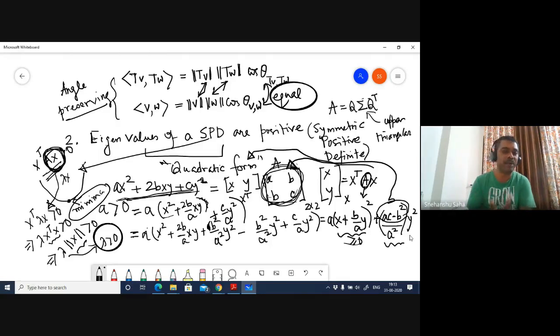This is really important for us because the singular values are nothing but the square root of the eigenvalues. So the eigenvalues need to be positive so that the singular values also turn out to be positive. We can arrange these singular values in descending order, and based on the magnitude of each singular value, the importance of information across that direction or dimension turns out to be stronger or weaker.